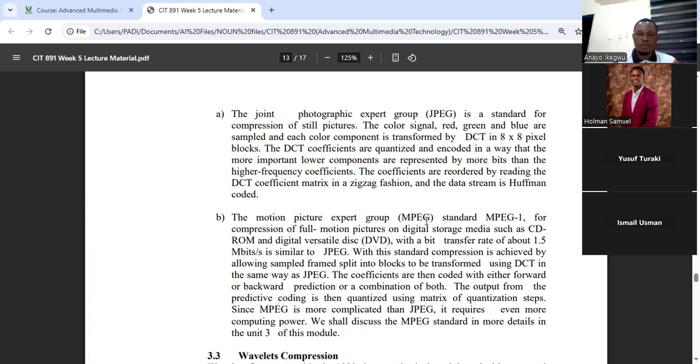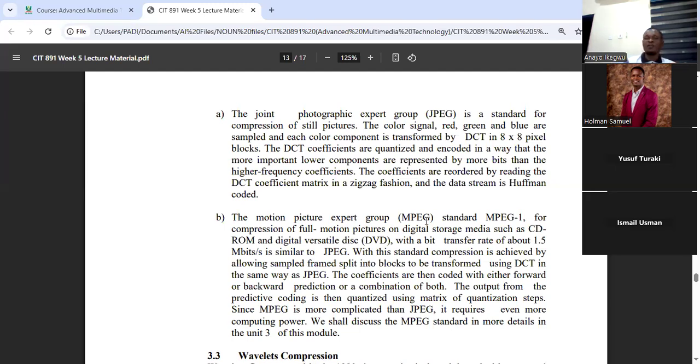For example, MPEG is for compression of full motion pictures on digital storage media such as CD-ROM or DVD, digital versatile disc, even in your flash drive or in your HDD, hard disk drive, with a bit transfer rate of about 1.5 megabits per second. It is similar to JPEG.